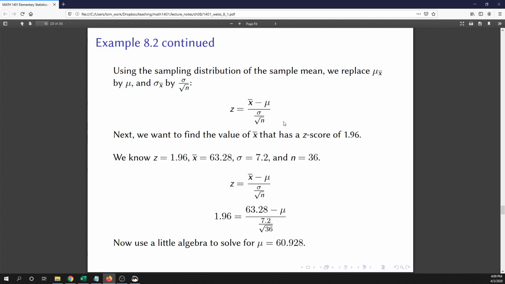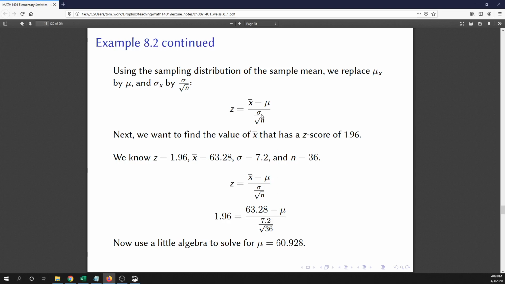So we have a bunch of this information. We know that the z-score is 1.96, so we put 1.96 in for z down here. We know that the sample mean is 63.28, so we can put that in here. We don't know the population mean; we weren't given that.